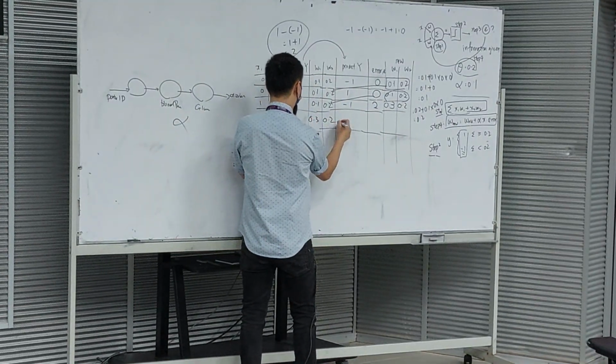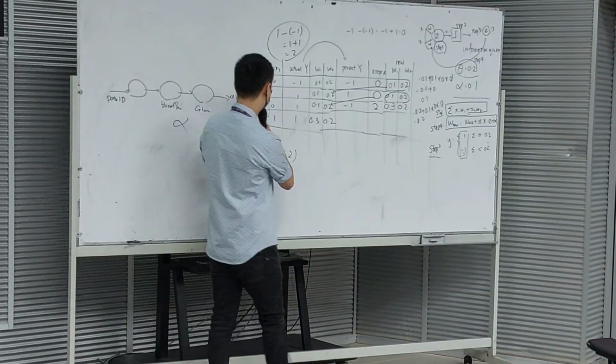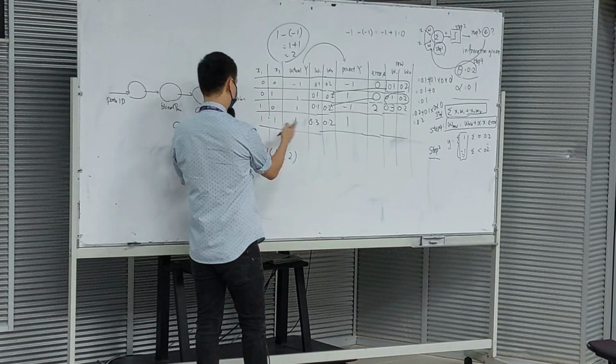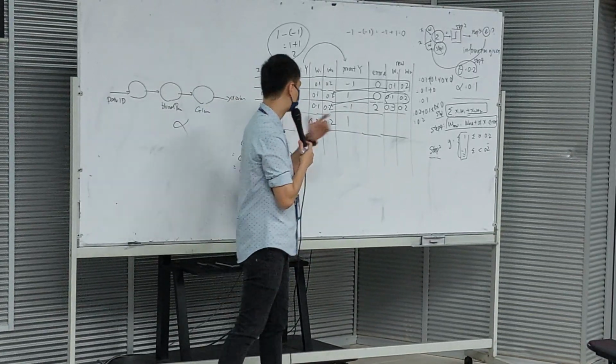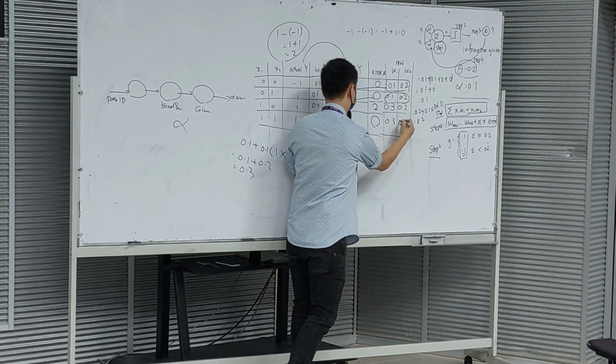0.3, 0.2. What is the value? 1. So what's the value here? 1 minus 1, you will get 0. So you get 0.3, 0.2.